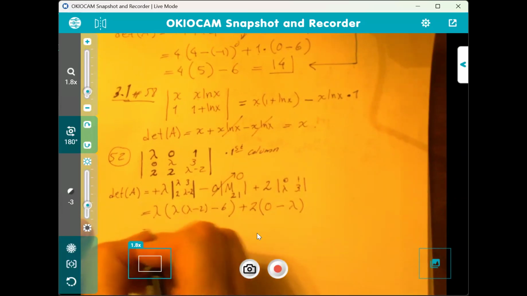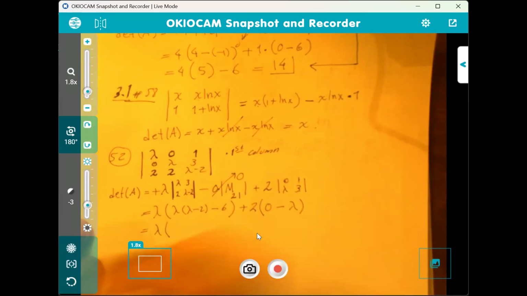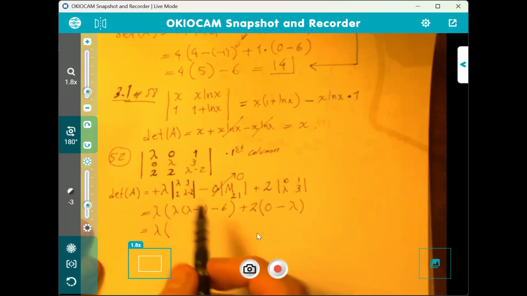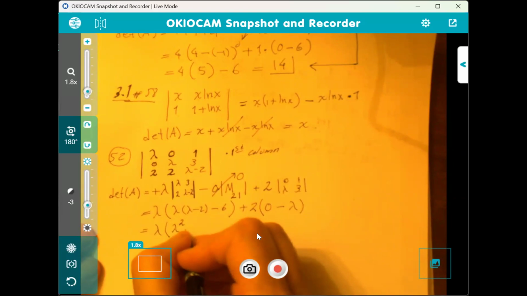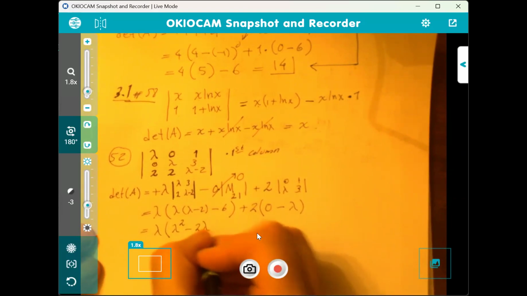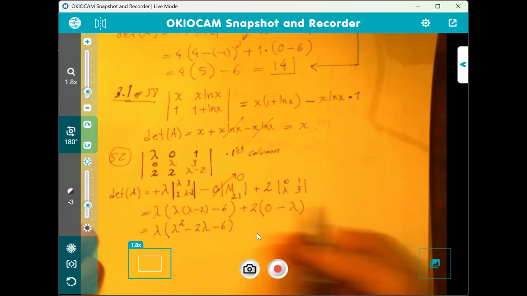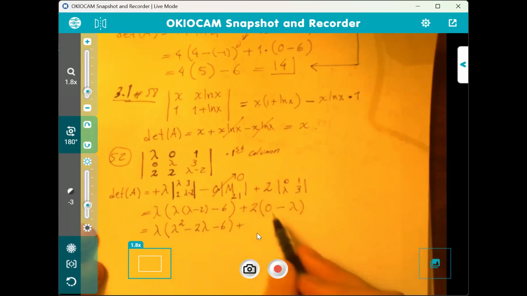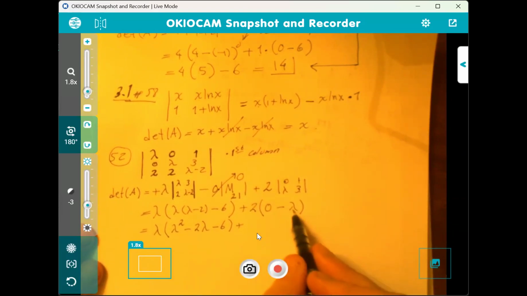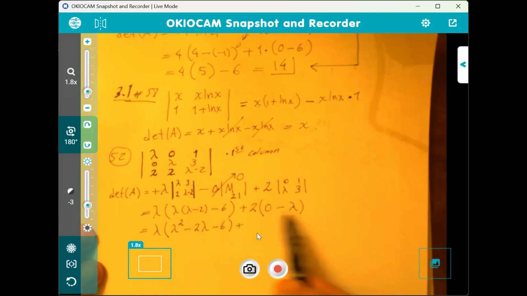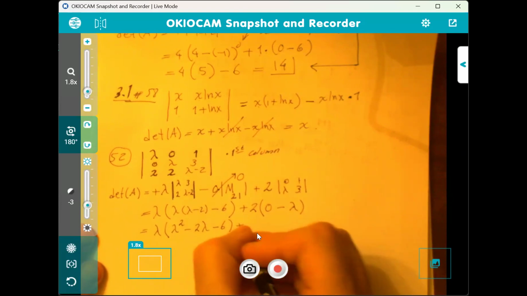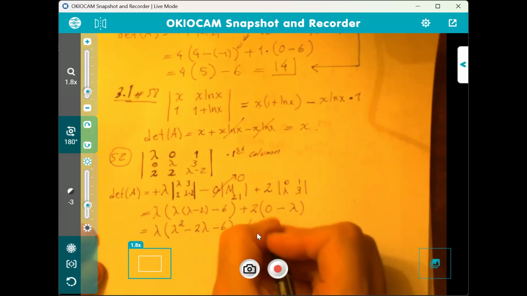Okay, let's see how this is going to work out. I'm working within parentheses, the larger parentheses. So for this one, lambda times lambda would be lambda squared. Negative lambda times 2 is 2 lambda minus 6. The binomial here, the last, 0 minus lambda, anything plus or minus 0 is itself. So that's just negative lambda. 2 times that is going to be negative 2 lambda.